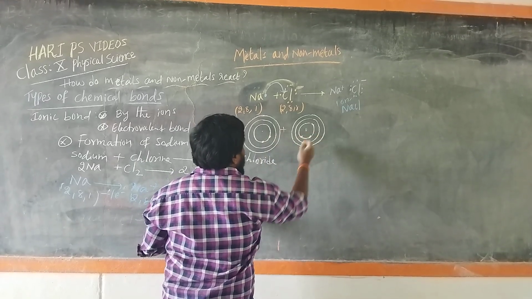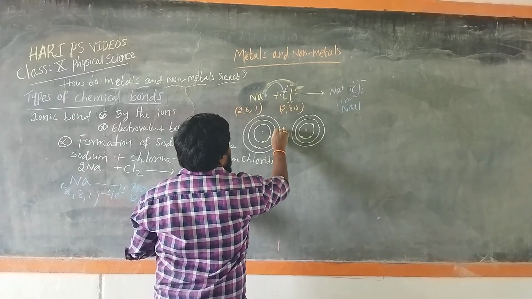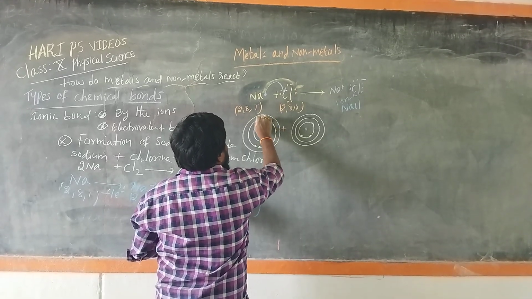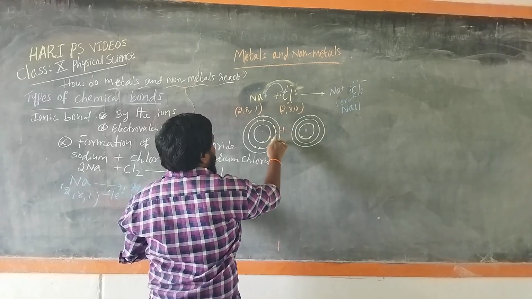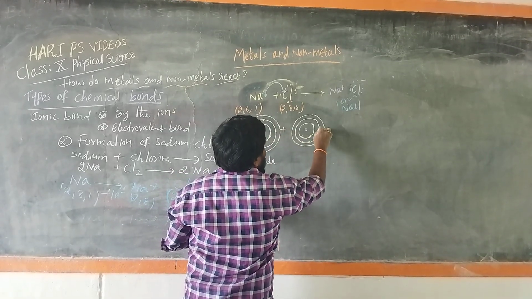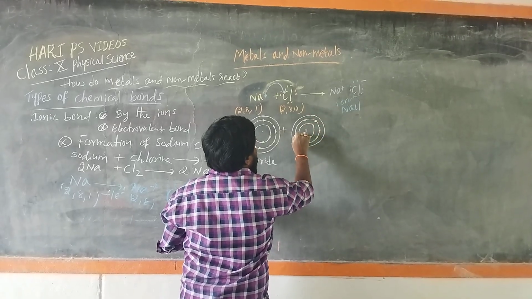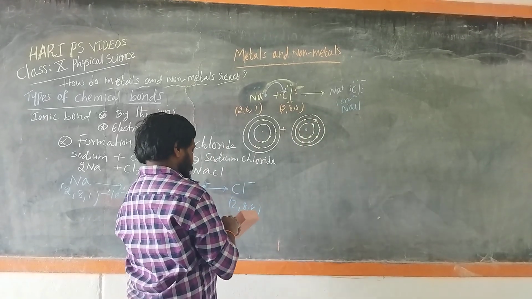2 electrons in the first shell. 1, 2, 3, 4, 5, 6, 7, 8 electrons in the second shell. 1, 2, 3, 4, 5, 6, 7, 8 in the third shell.